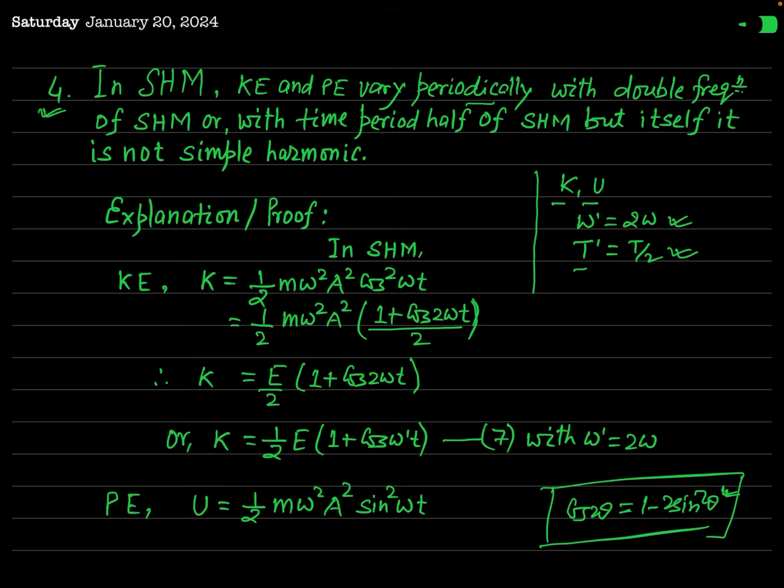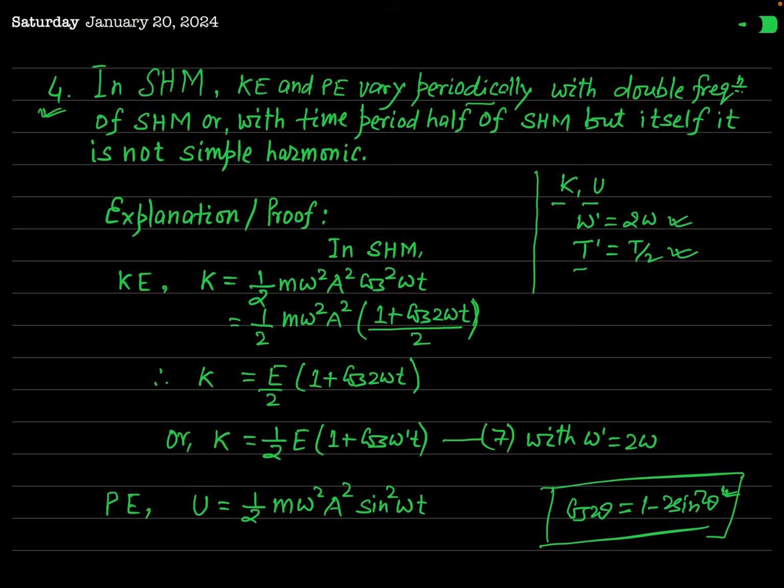But one thing is also interesting here. Although kinetic and potential energy both vary periodically, they do not vary simple harmonically. It means these two quantities are not themselves simple harmonic.